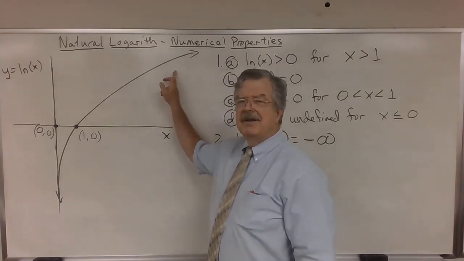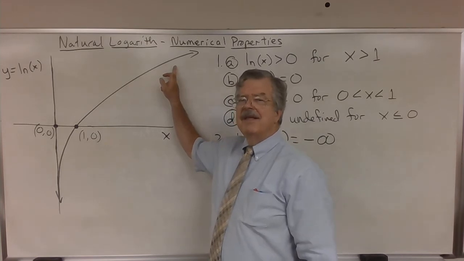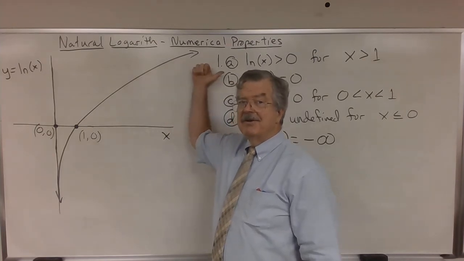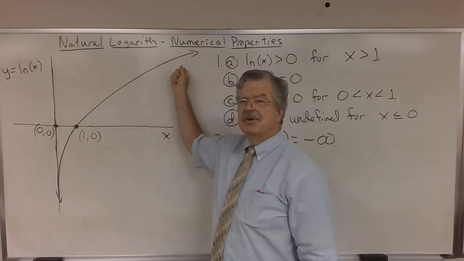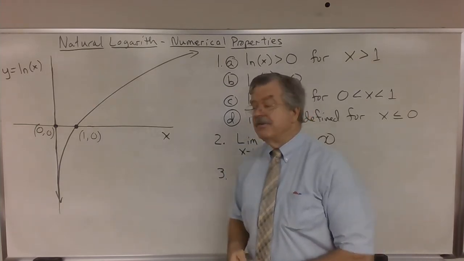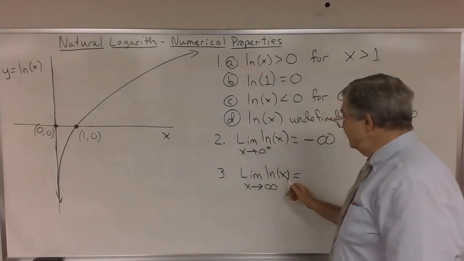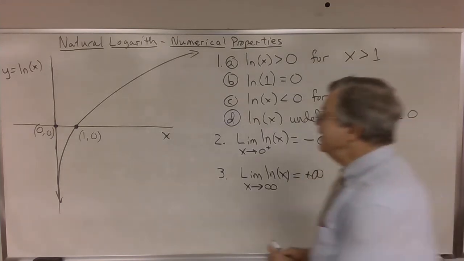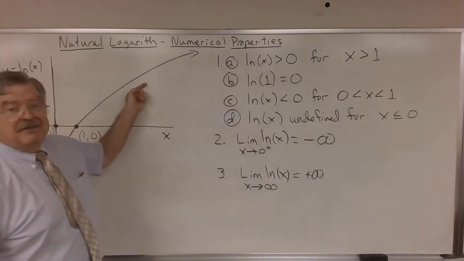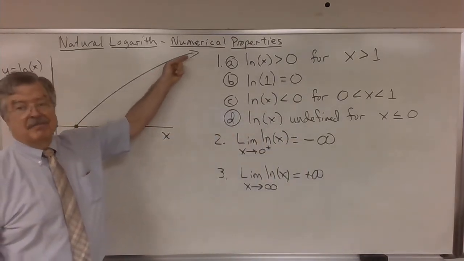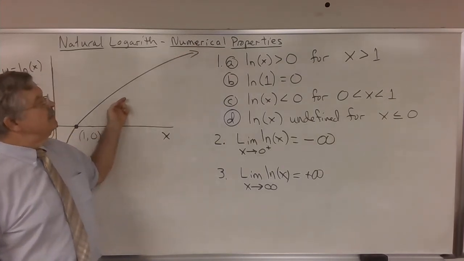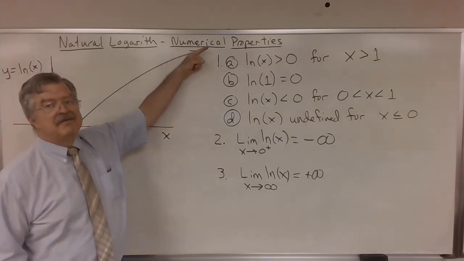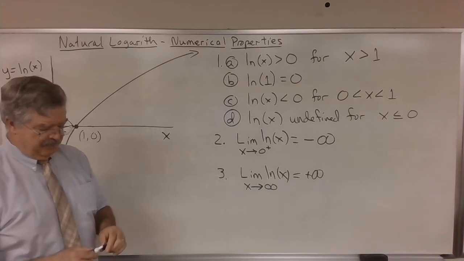The fact of the matter is, it's not obvious that it does. It's obvious that it might go to positive infinity as x goes to positive infinity, but we're not really sure looking at the graph. But the answer is yes. As x goes to positive infinity, the natural log of x goes to positive infinity also. It's just that the graph takes its sweet time getting there.